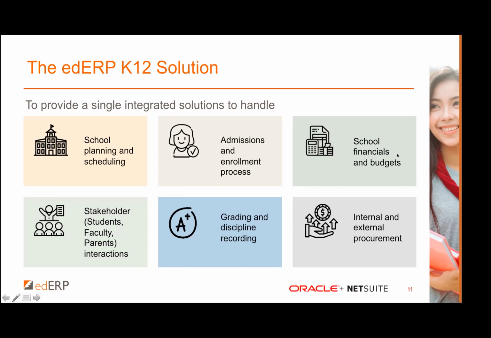We have made it specific to schools, and this will be explained a little later. We have the admissions and enrollment process that, in a K-12 school, parents interact with the school on for their children. We have the student center, parent center, and faculty center to handle the interactions between the school and the families.